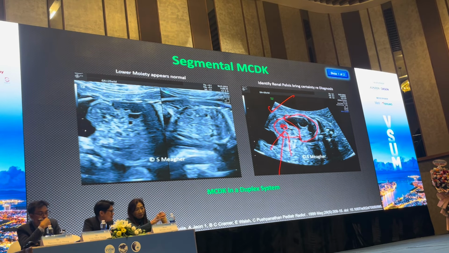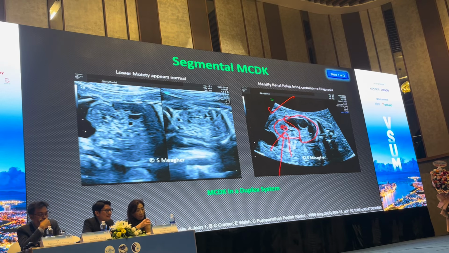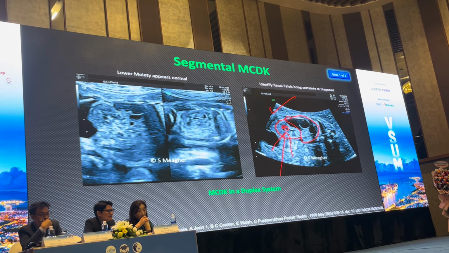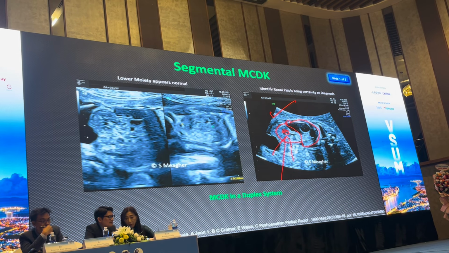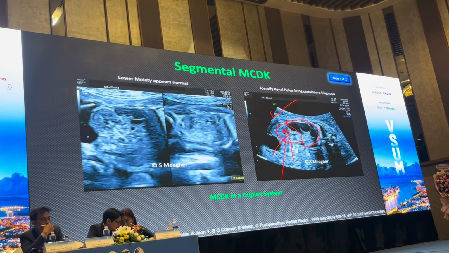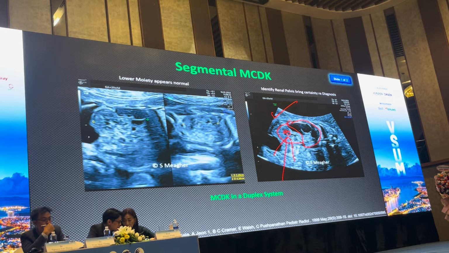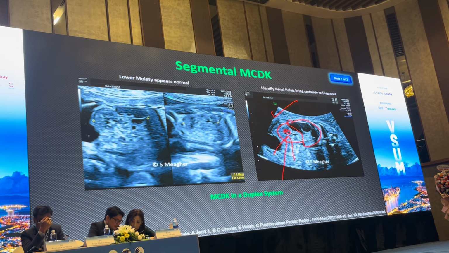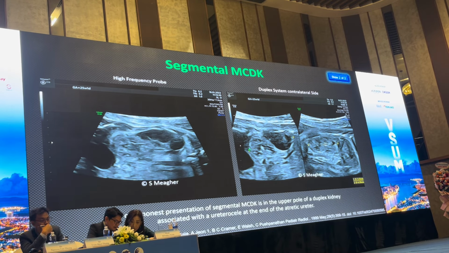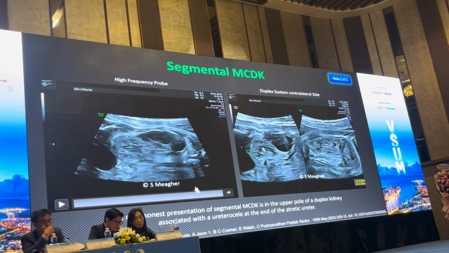The understanding is that most multicystic dysplastic kidneys are caused by obstruction of the ureter very early in the pregnancy. So remember, when you see MCKD, don't assume it is the whole kidney that is involved. Remember to examine both the upper and lower pole, looking for a duplex system.